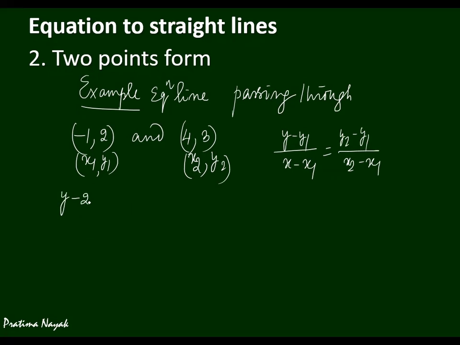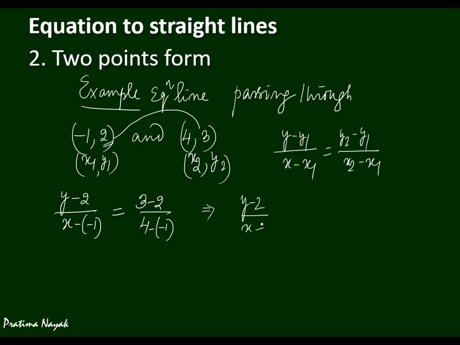y minus 2 upon x minus minus 1 is equal to y2 minus y1, so 3 minus 2 by 4 minus minus 1. On simplification, y minus 2 upon x plus 1 is equal to 1 by 4 plus 1, that is 1 by 5.